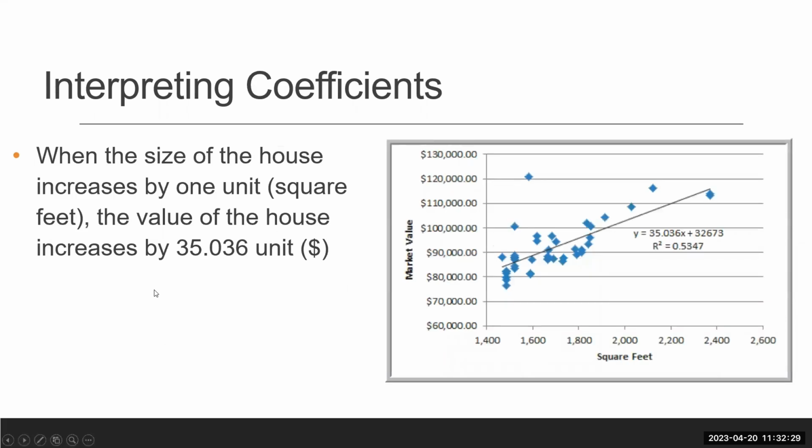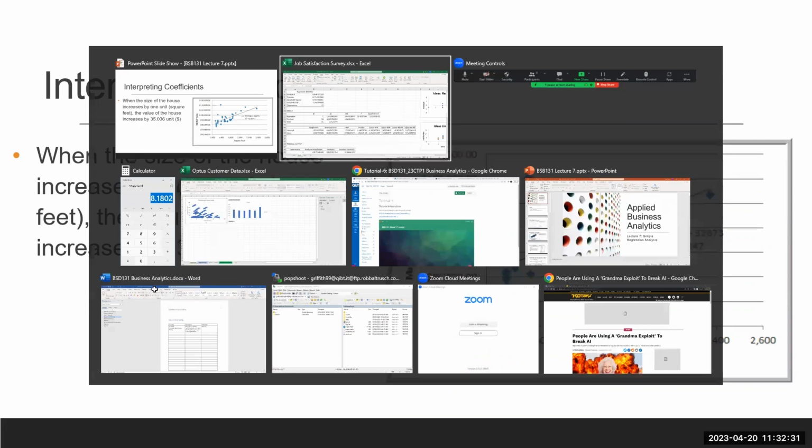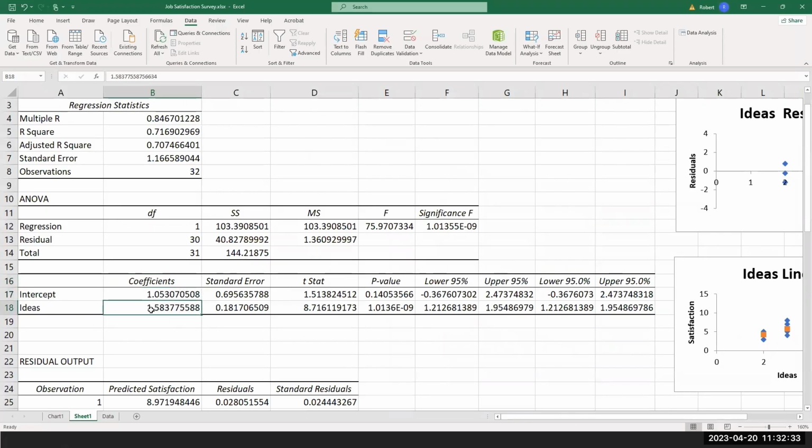dollars. Let's look at ours. The coefficient for ideas is here. So for every 1 point for ideas in our survey, overall job satisfaction moves 1.583 points.